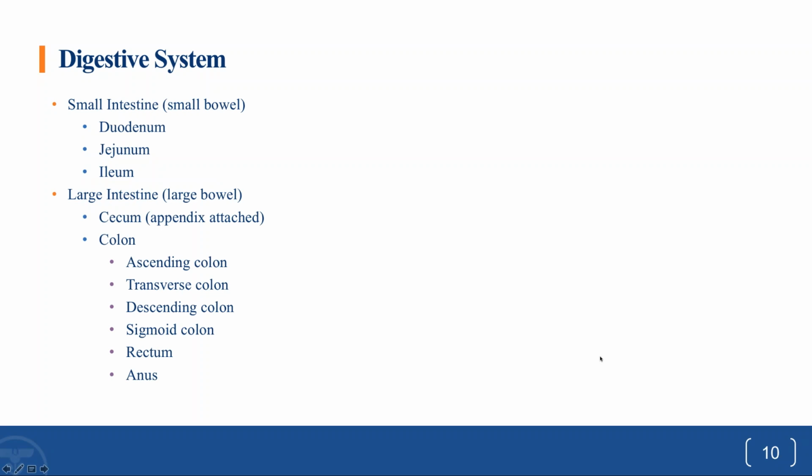Okay. And small intestines and large intestine, you can see that there are components of each. Sometimes they like to ask on the exam, what are some of the parts of the small intestine, some of the parts of the large intestine. So it's good to have those also written in your book. So you can see the small intestine is duodenum, jejunum, and ileum.